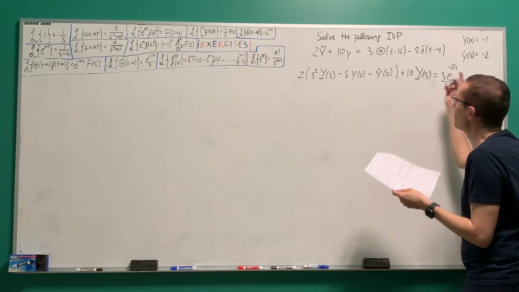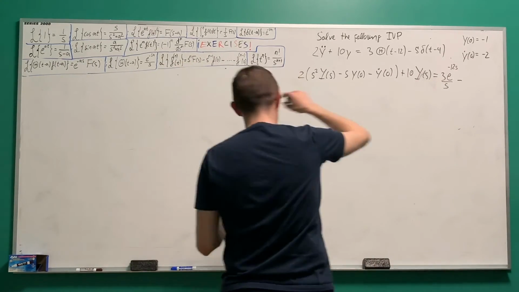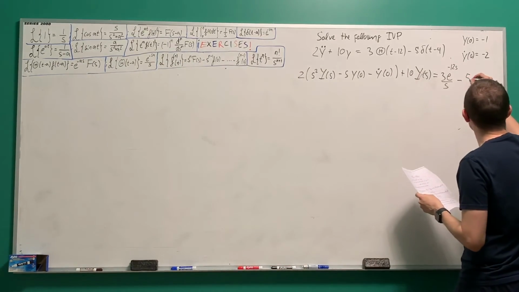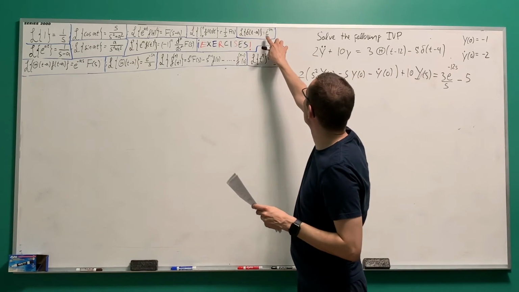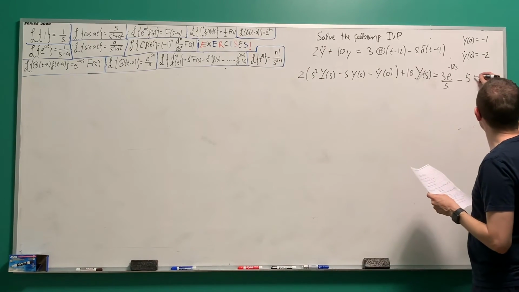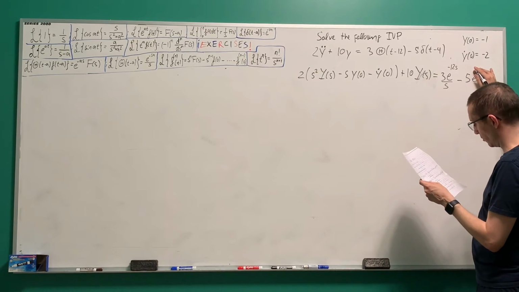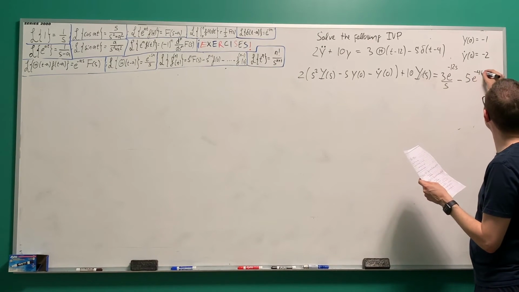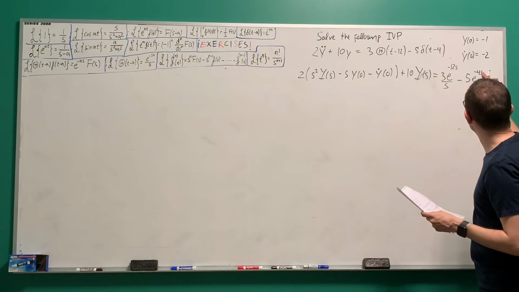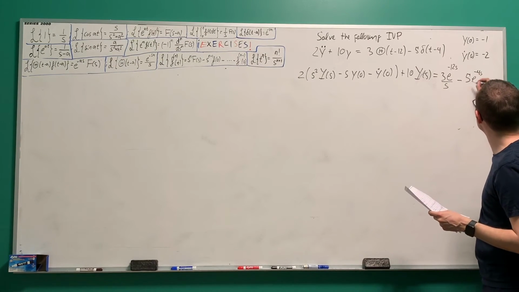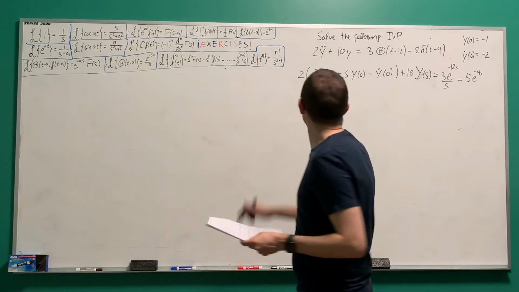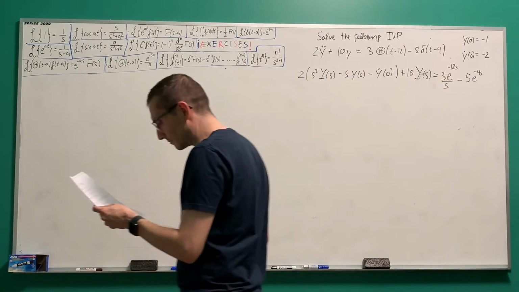And then minus, well, 5 times the Laplace transform of the delta, which is just e^(-sa). So this is e^(-4s). Wonderful, I just did the Laplace transform of this.